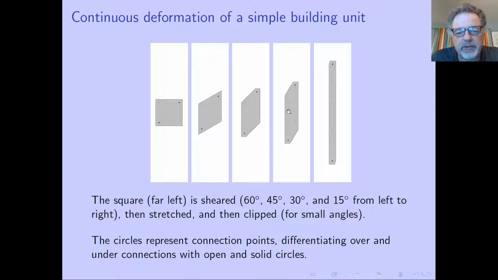We can continue that shearing process, clipping off the corners here into a situation where in the limit it becomes just a strip, and that strip still has 4 connection points, just like the 4 corners of the square, except that these opposite corners have been either shifted to the outside or to the inside, and so the polarity of the endpoints is the same, and the polarity of the interior points is the same, but the opposite of what they are for the endpoints.